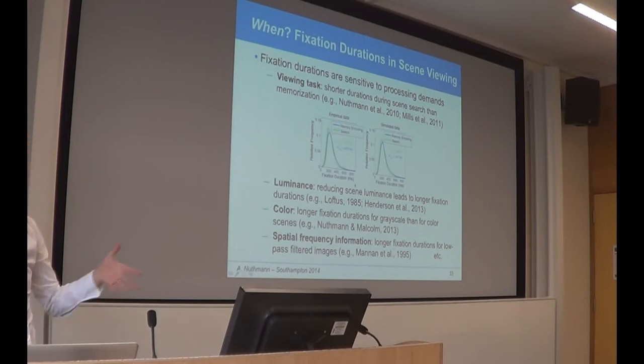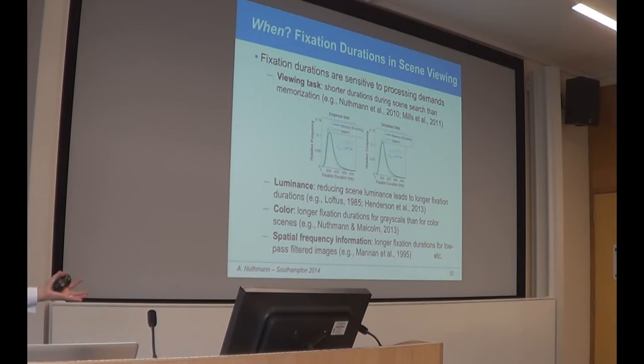And on this slide, I listed a number of other, low-level factors that have been shown to modulate fixation durations in scene viewing, including luminance, color, and spatial frequency information.